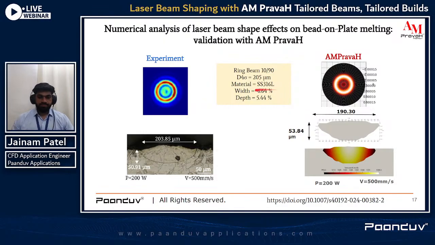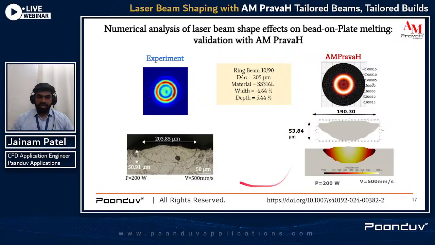Then I ran this on a plane surface, as in the reference paper, and I got a width of 190 micrometer and a depth of 53.84 micrometer.